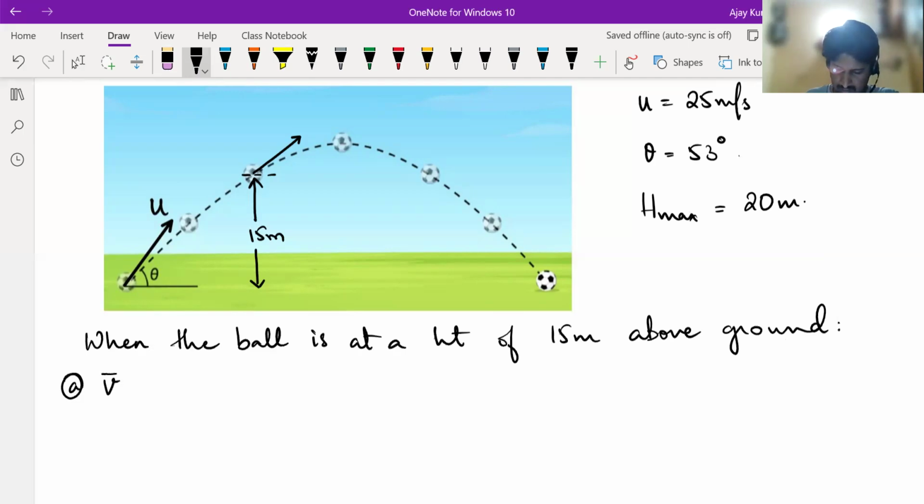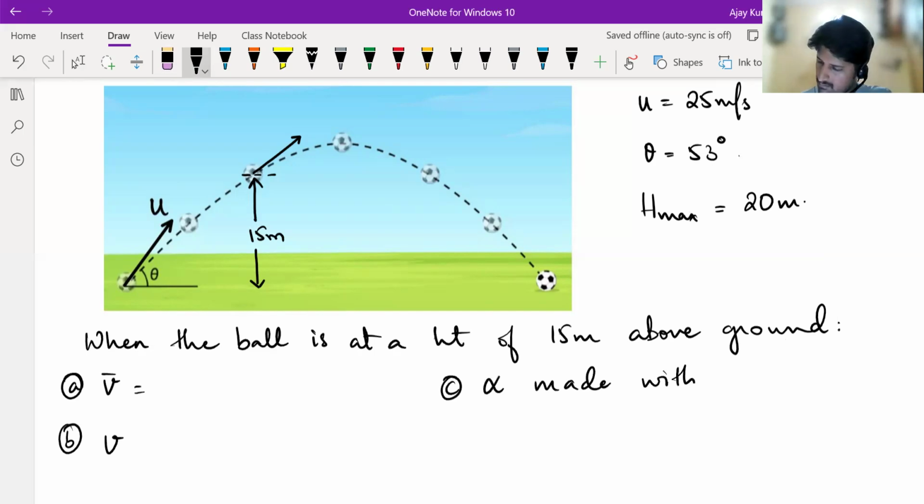Calculate its velocity, then its speed, and then the angle which it makes with the horizontal or ground. You can even calculate the time it takes to get there.